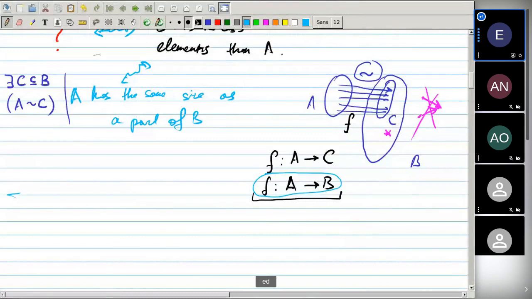So this will be the base for our definition.